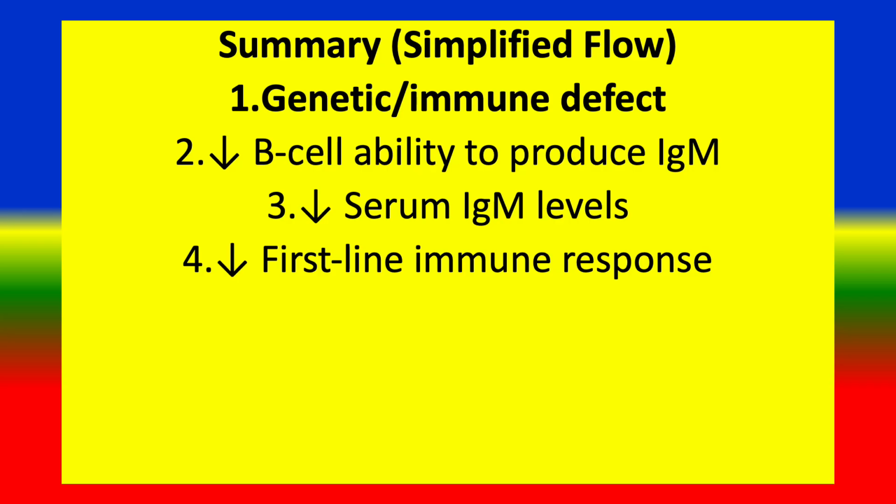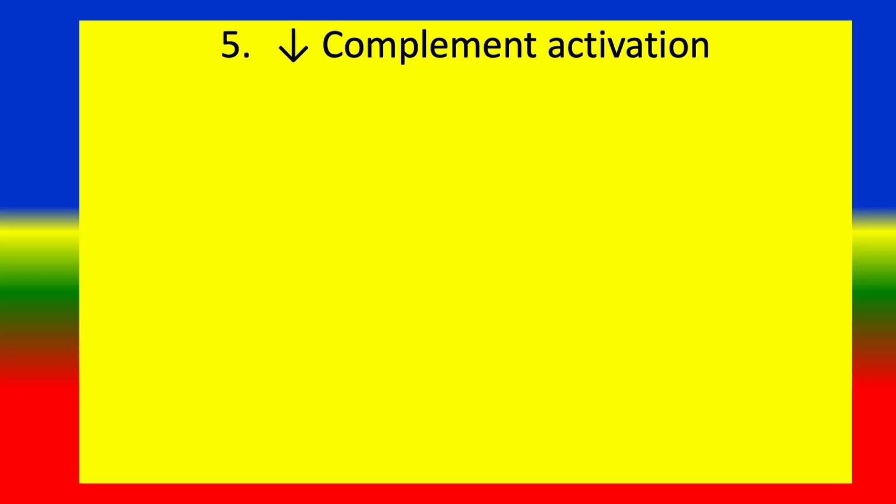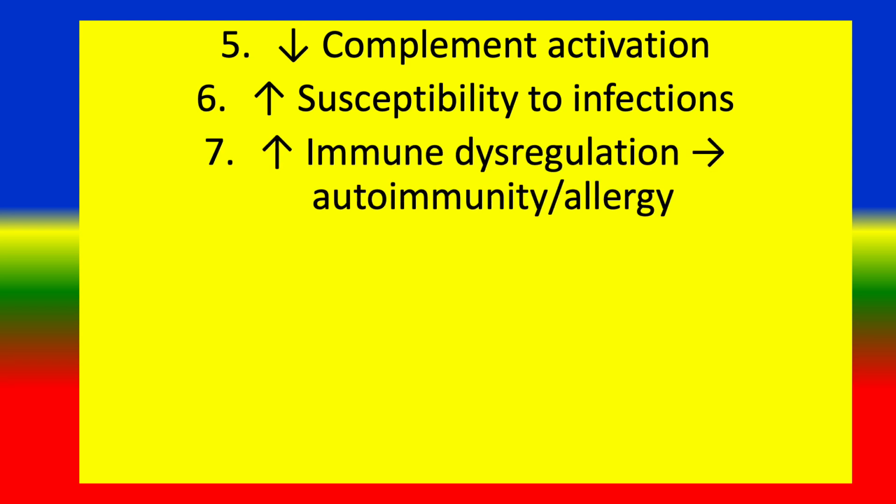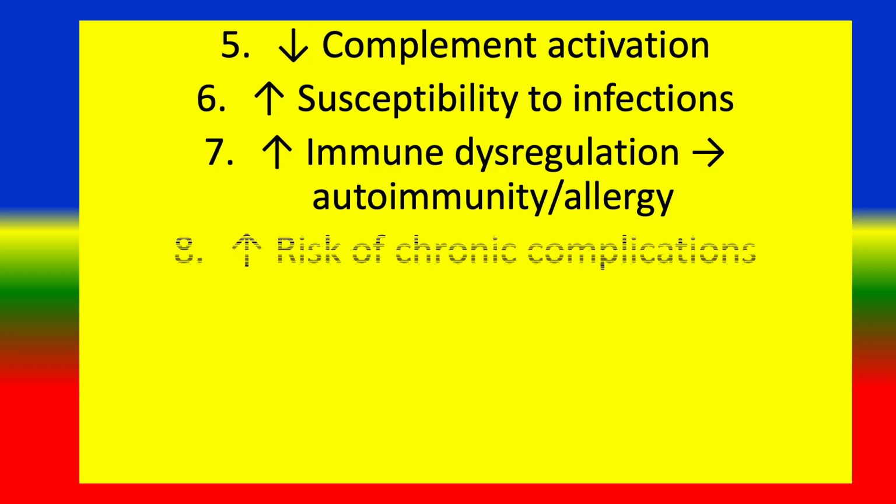First line immune response down. 5. Reduced complement activation. 6. Elevated susceptibility to infections. 7. Increased immune dysregulation, autoimmunity, allergy. 8. Increased risk of chronic complications.